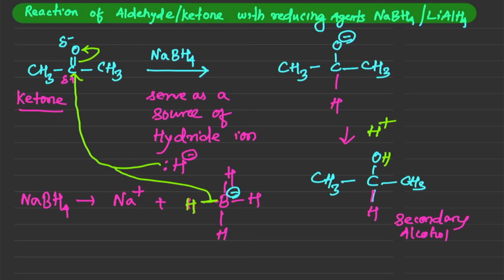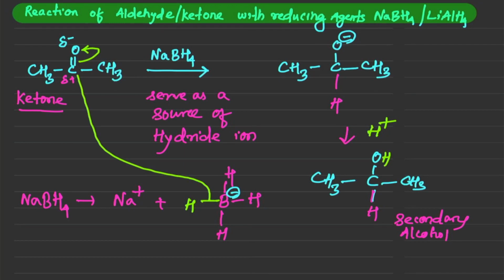Okay, so the proper way to draw the mechanism would be, you take here, let me delete this. So I will add this hydride ion here. So this hydride ion, along with its lone pair, is attacking the carbonyl carbon, and then we go from there.